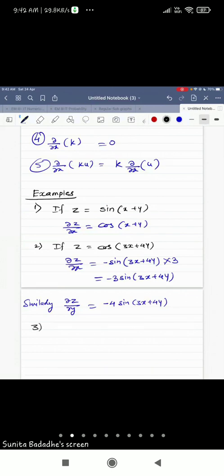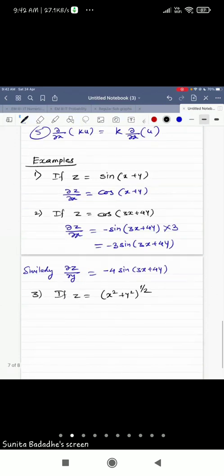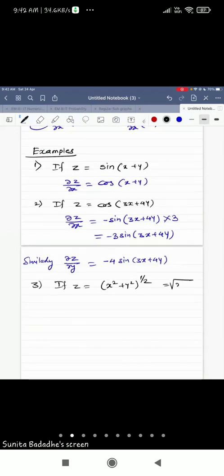Okay. Now the third example. If I give you z equal to say x square plus y square raised to half. That is root of x square plus y square. Can you tell me what is dabba z by dabba x? Now, what is the derivative of root t?